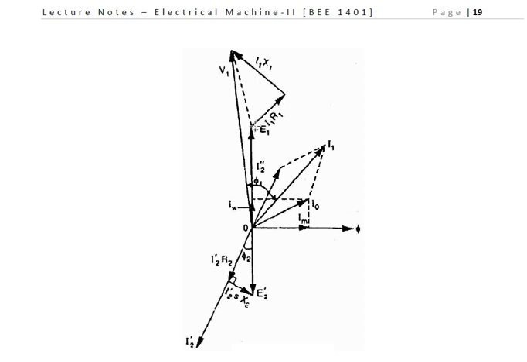We know that the summation of minus E1, I1 R1 and I1 X1 will give us our supply voltage V1.